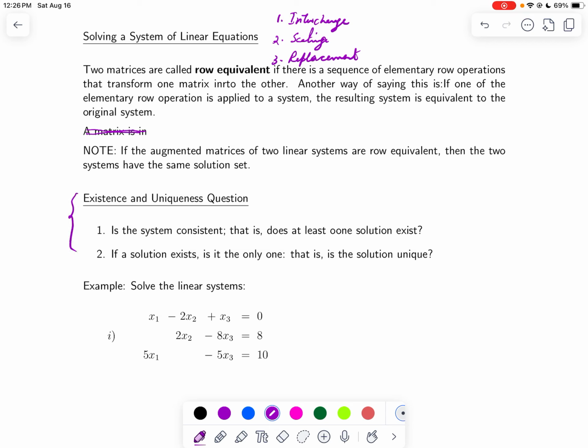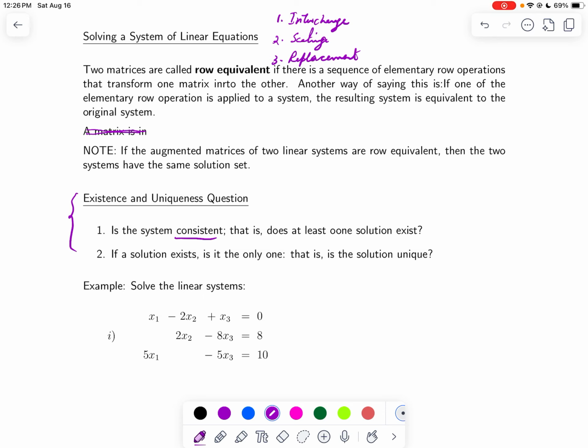Now the main question in this section is: is there a solution? Is the system consistent? Remember, a system is consistent when there is at least one solution. And what are our possibilities? We saw in video 1 that a system of equations can have three choices.